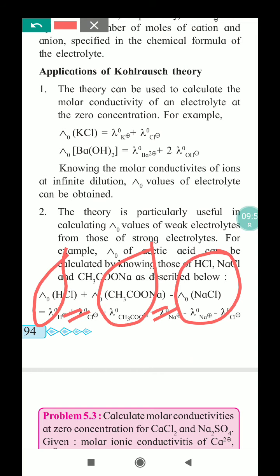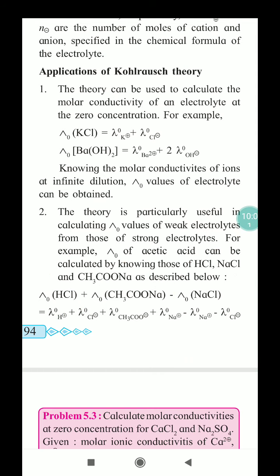subtracted from the given molar conductivities. So lambda 0 of HCl plus lambda 0, the molar conductivity at infinite dilution, of sodium acetate, minus the molar conductivity at infinite dilution of NaCl, by applying Kohlrausch law, by addition of the anion and cation. In HCl the numbers of anion and cation are 1, so lambda 0 H positive plus lambda 0 Cl negative.